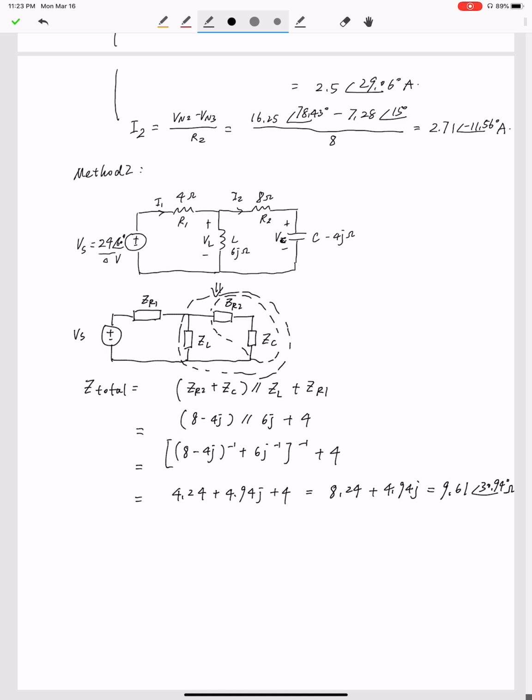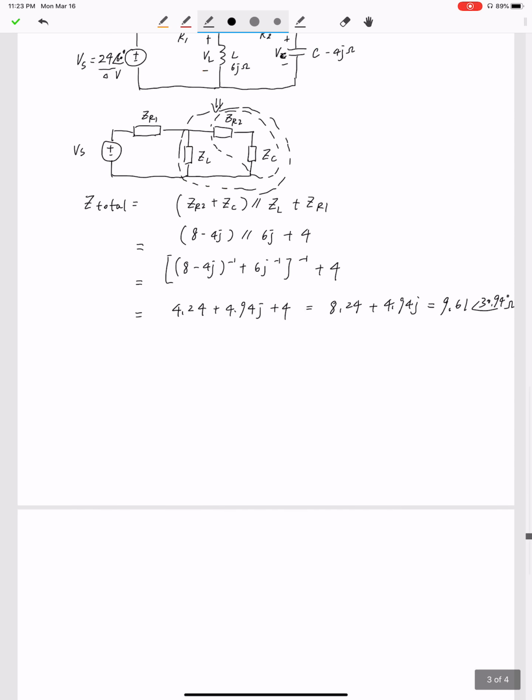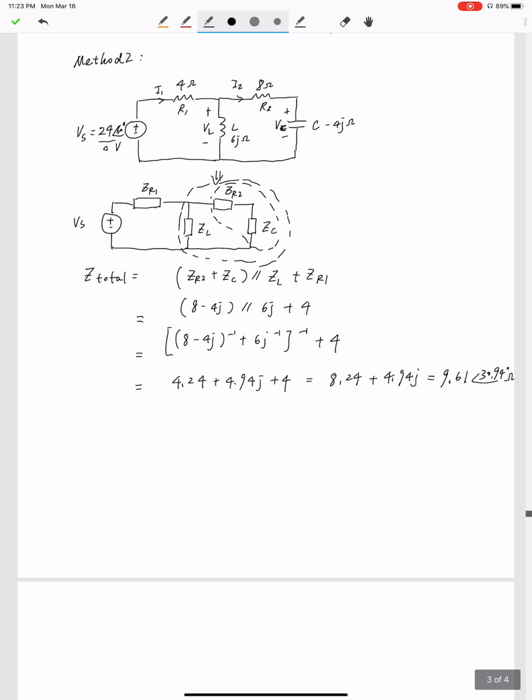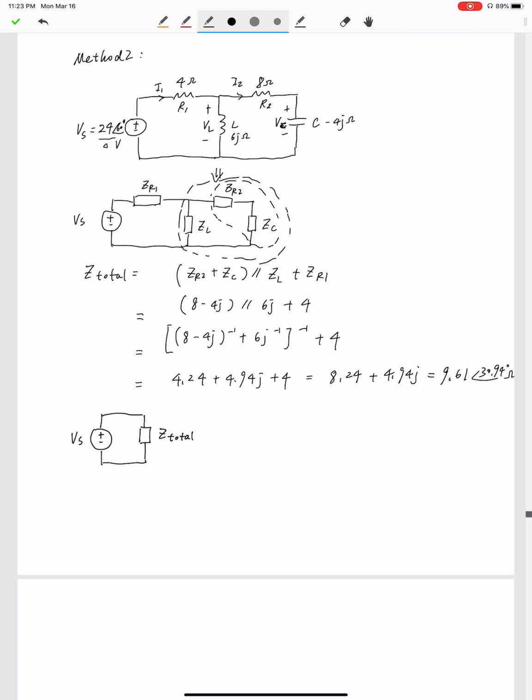Unit is ohms. After we find the total impedance, the circuit can be represented by this diagram, a voltage source and a total impedance connected in series, right? Two components connected end to end. Then we can find the current on this part.